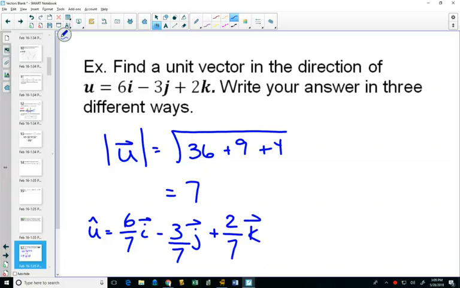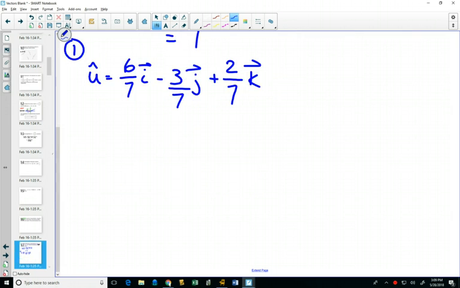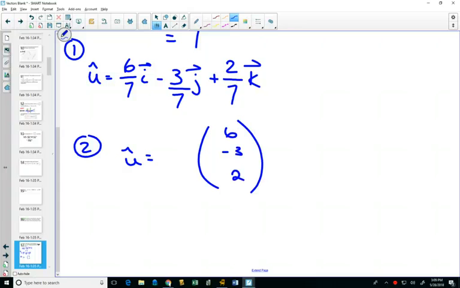So this would be one way to write our answer. I personally like using column vectors as opposed to using the unit vectors because this is a lot going on. My favorite way to write this answer would be like this. I have my original one, 6, -3, 2, and I put a 1/7 in front.